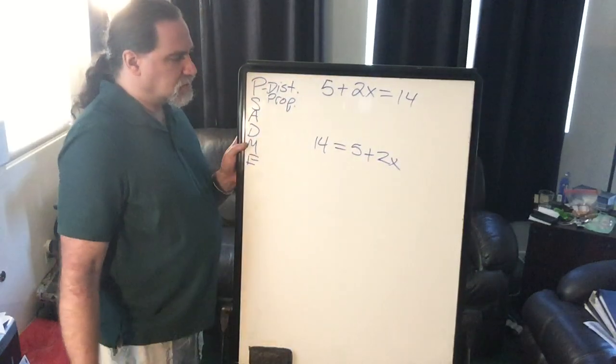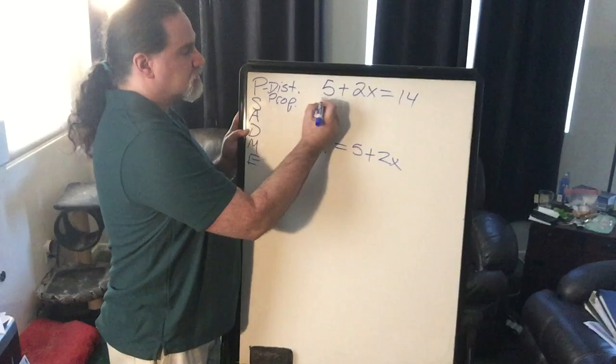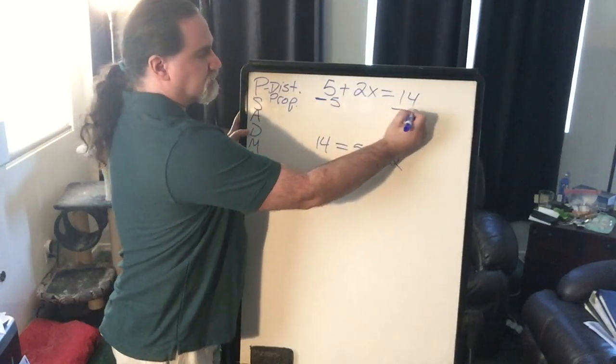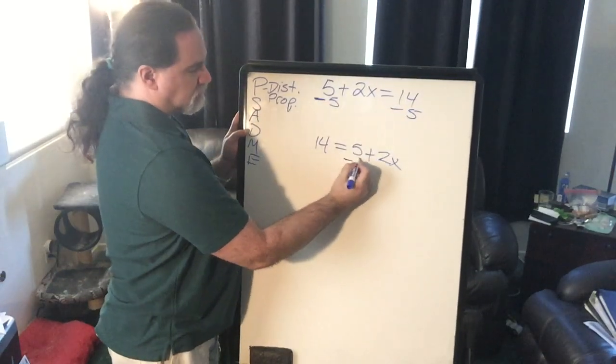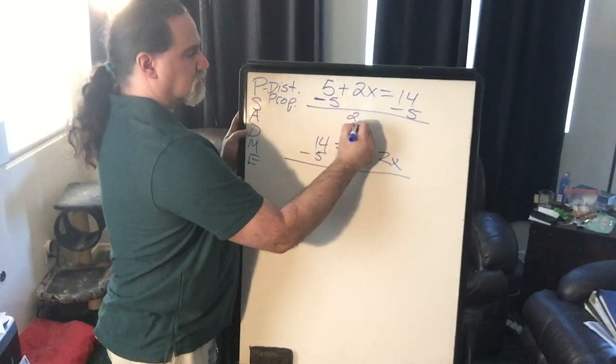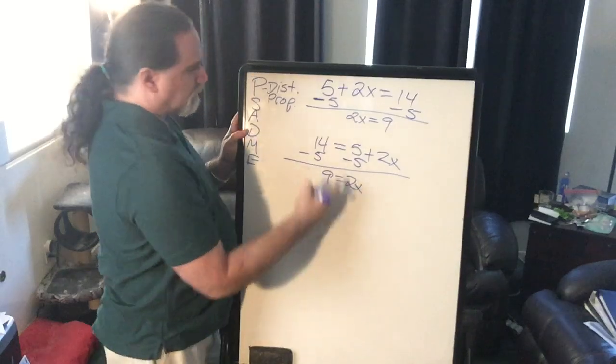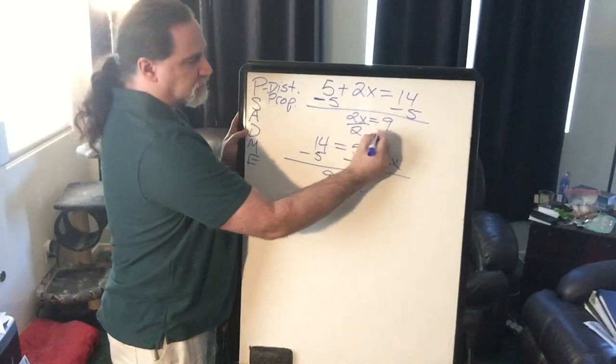What do I do? Well, okay, so I'm still adding 5. So that means I'm going to subtract 5. I'm still multiplying by 2, so I'm still going to divide by 2.